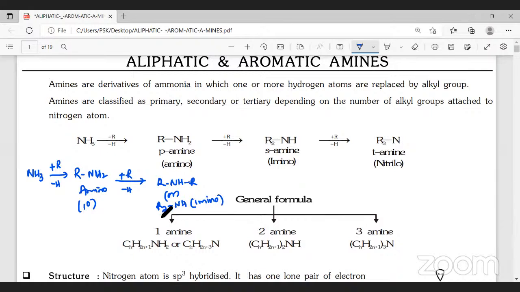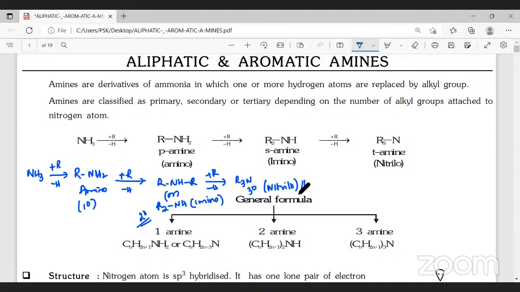Since this nitrogen is bonded to two carbon atoms, it will be called a secondary amine. And if this hydrogen atom is also replaced by an R group, we get R3N. This R3N is called a tertiary amine.